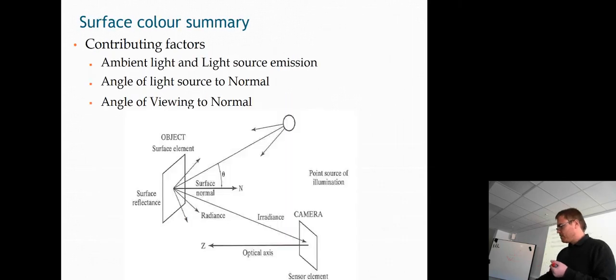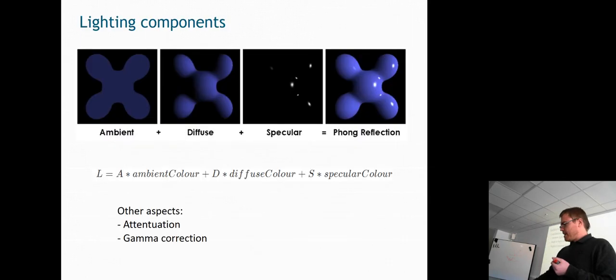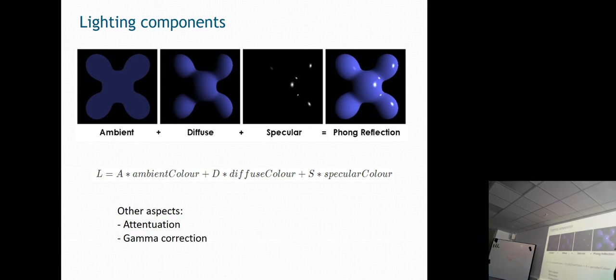So, let me skip all that because I actually wanted to end up here. That's more realistic. And if we add all those components together, we kind of arrive at the ultimate color for each individual pixel, ideally, right? So if we consider all those aspects, other aspects we need to consider are attenuation, which is like the distance from the light.